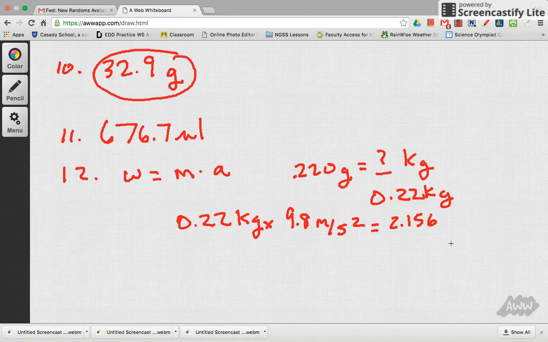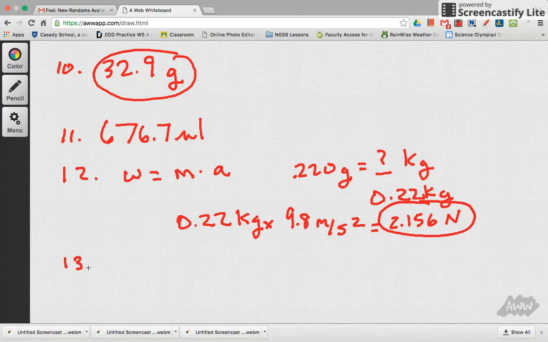Now you realize this is according to Cam's work, so hopefully this is all right. You get 2.156 newtons, and a newton is a kilogram times a meter per second squared, so that makes sense that these shouldn't cancel. And I would also accept, besides that, 2.156 kilograms times meters per second squared.